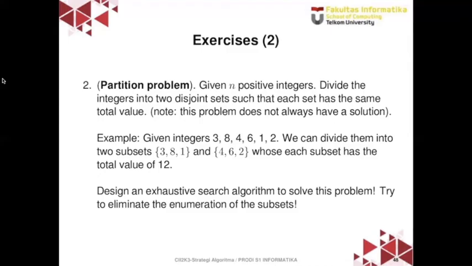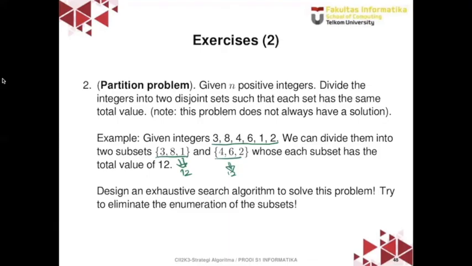For example, if we are given these integers, we can divide them into 2 subsets, where each subset has a value of 12 if we sum all of them, and also here we have the total value of 12. So how can we enumerate this problem?